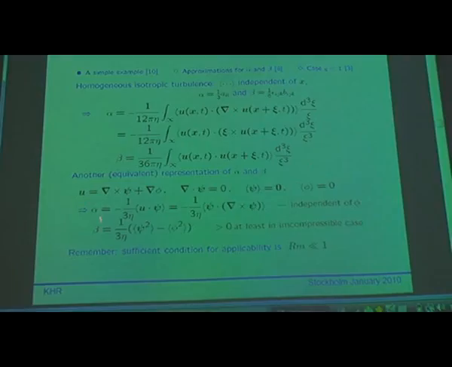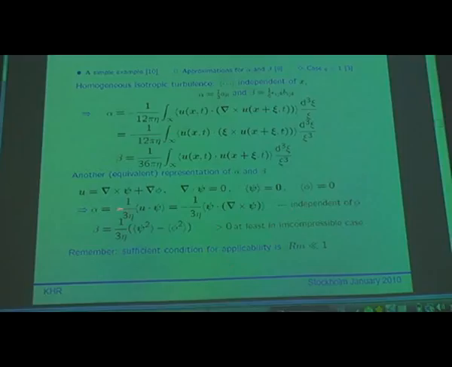We can represent alpha also in another way, express the velocity field by a vector potential and a scalar potential in this way. Psi is the vector potential, phi is the scalar potential, and assume that we have this relation for the vector potential, and assume further that the averages of psi and phi are equal to 0.